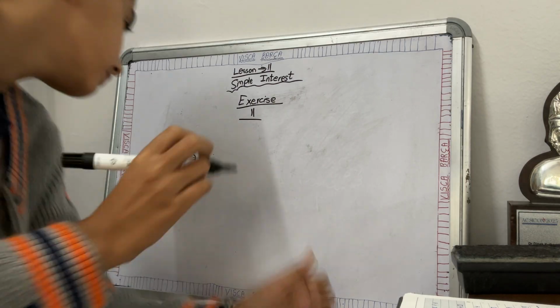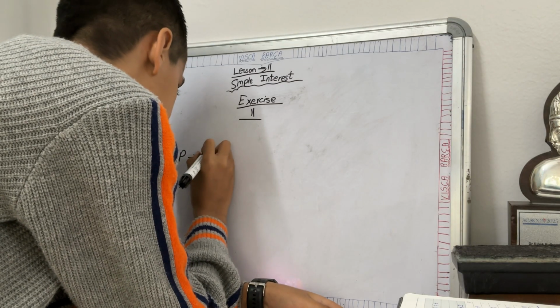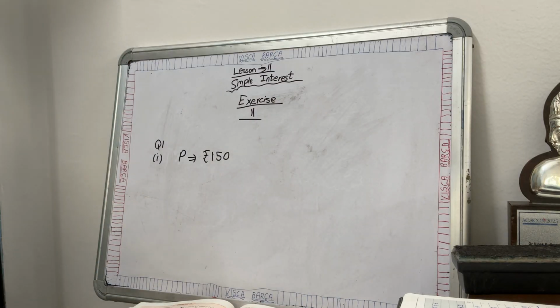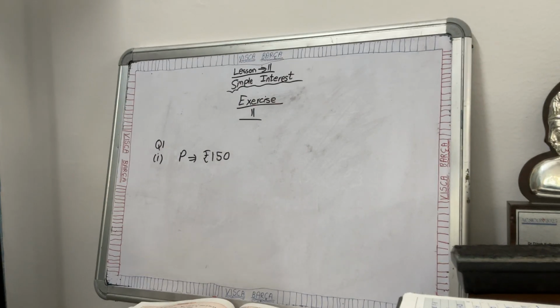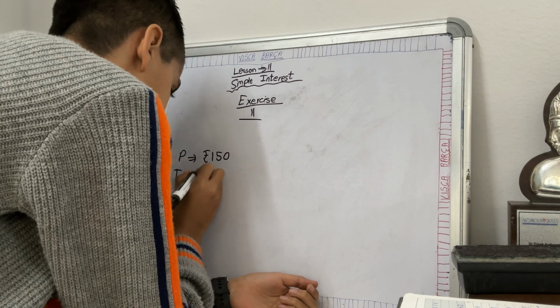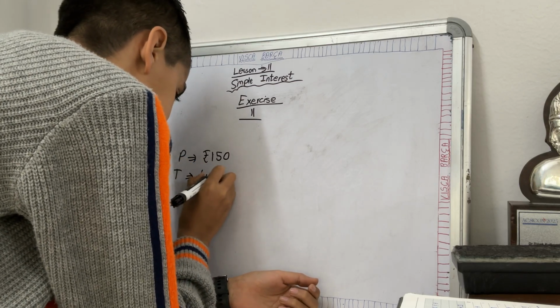So principal is rupees 150. Time is 4 years. Time or time period, T is equal to 4 years.